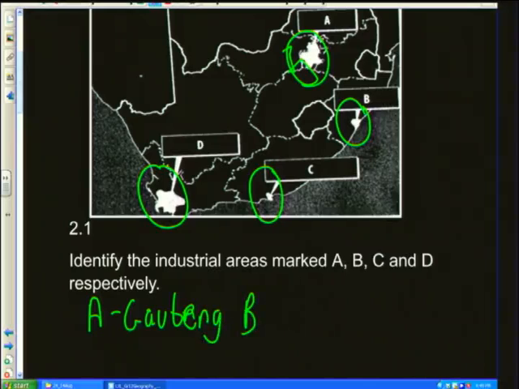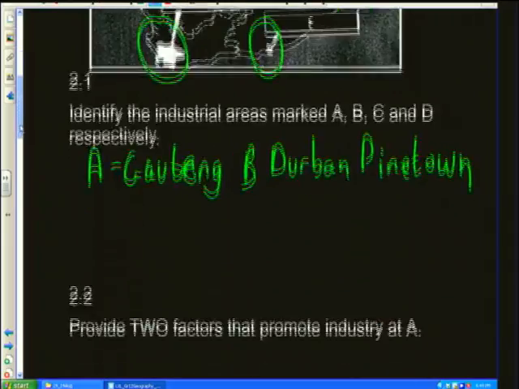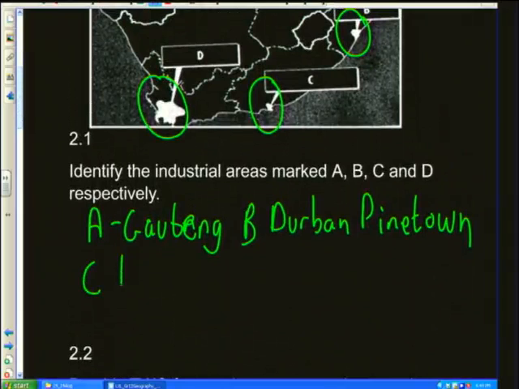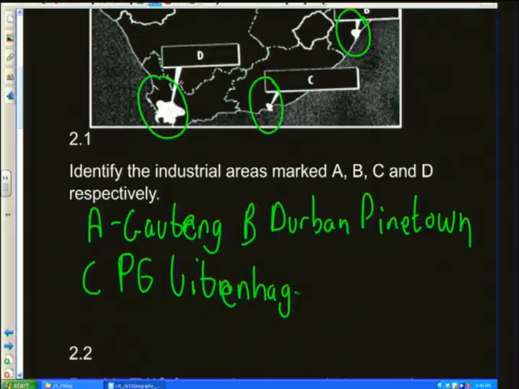B, Durban, Pinetown. And then if you look at C, obviously it'll be my PE Uitenhage. I'm sure you worked out all this by now. And of course, D would be Southwestern Cape. And even the pen took a jump. Okay, Southwestern Cape. That's our 4 regions.